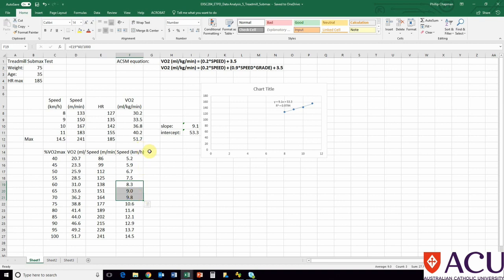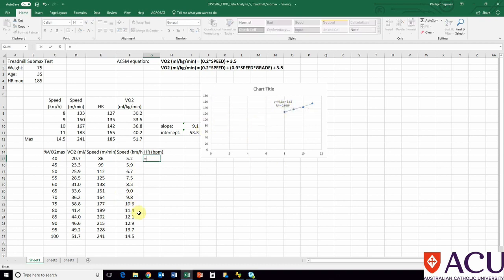We can also use heart rate. So heart rate in beats per minute. And we've got this heart rate relationship here, and we know the speed. So this is speed down here. Then we can calculate what the heart rate is. So we just use this formula up here. Just substitute the speed, this column, for X, and that will give you Y, the heart rate.